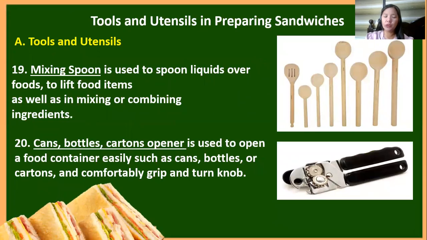A mixing spoon is used to spoon liquids over foods, to lift food items, as well as in mixing or combining ingredients. We also have the can, bottles, or cartons opener, which is used to open a food container easily, such as cans, bottles, or cartons, and comfortably grip and turn the knob.